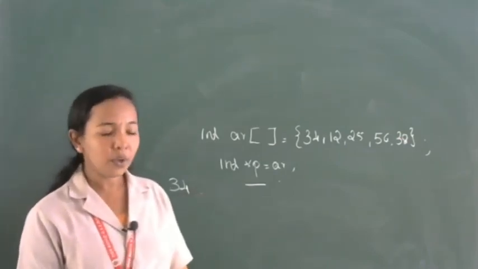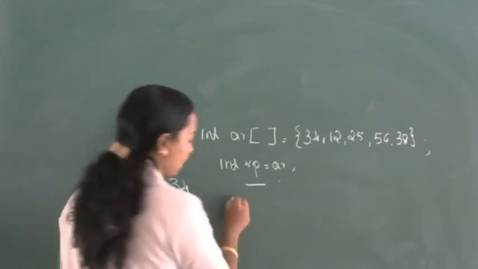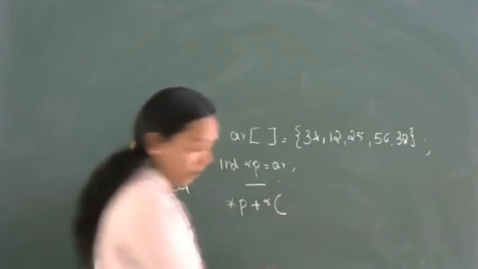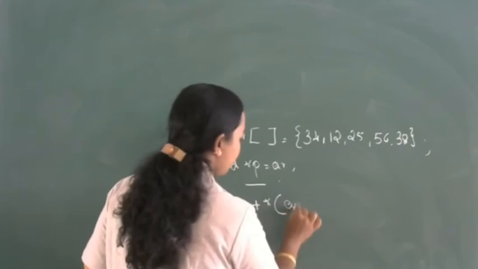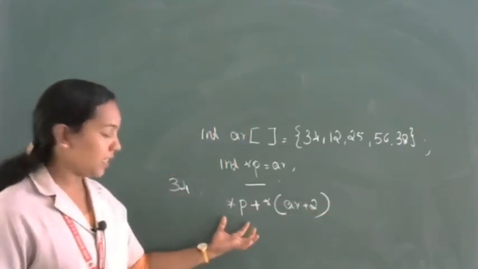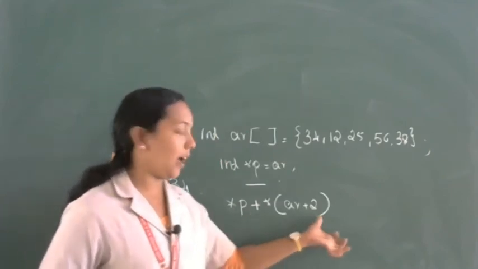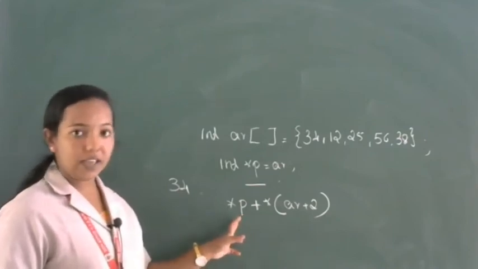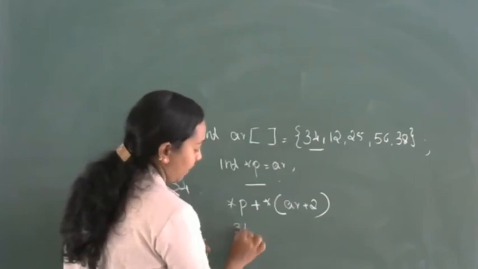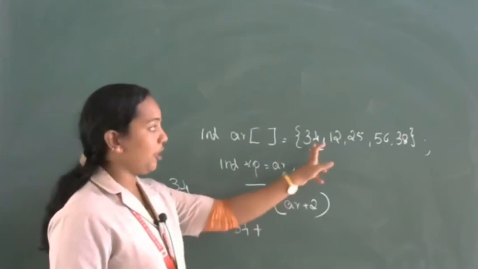Then the second question, what will be the output of the expression star P plus star of AR plus 2? You know the value of star P, the value present at pointer variable P. That is 34, plus the base address pointing to the first location.